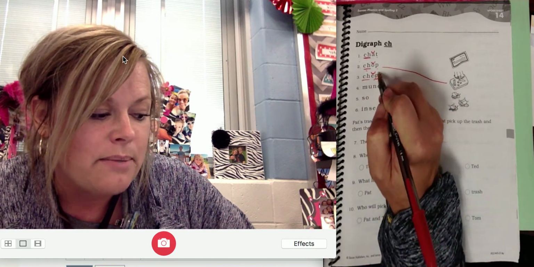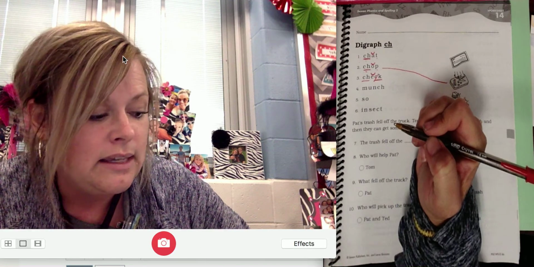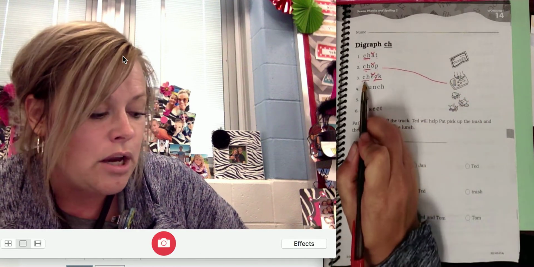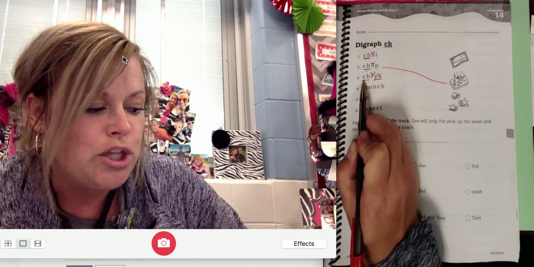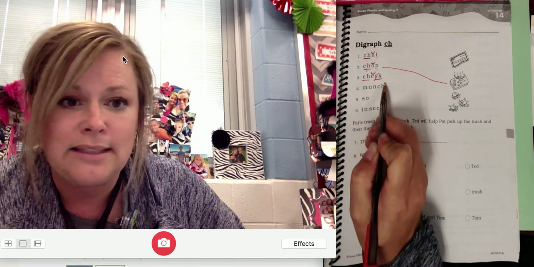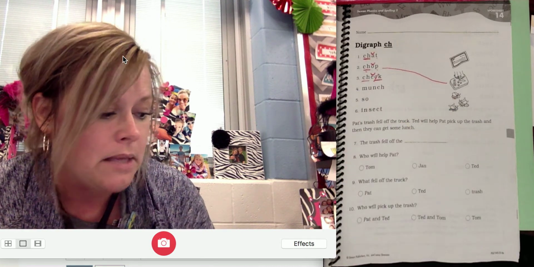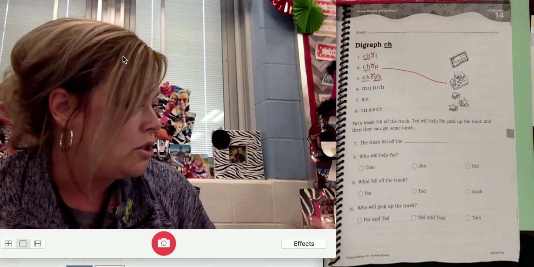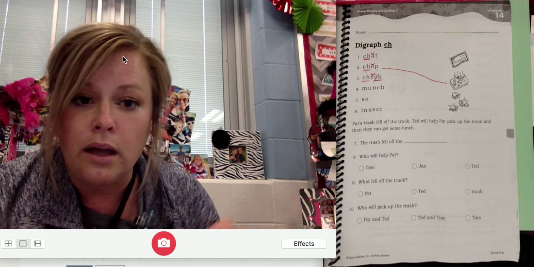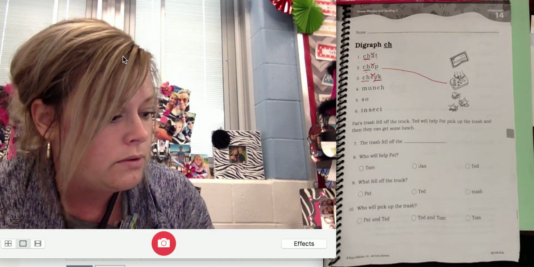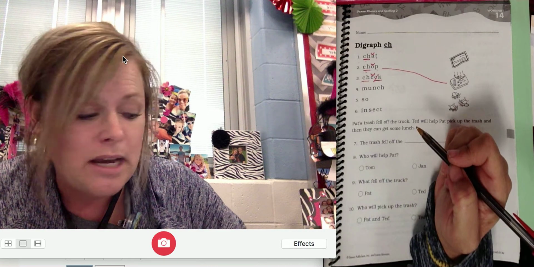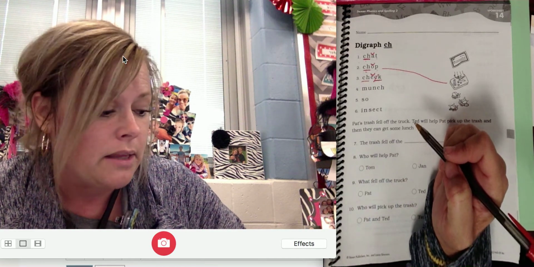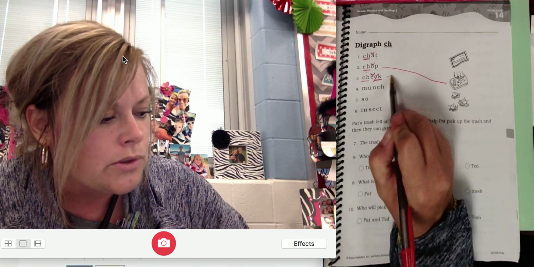I cross out my C because it's silent. Sound it out now that I know, ch, eck. Check. A check is something your parents might write to pay a bill. You write out how much you owe somebody and who you owe it to. I know a lot of people pay online now, but there's still some places that you have to mail a check. And that is right up there.